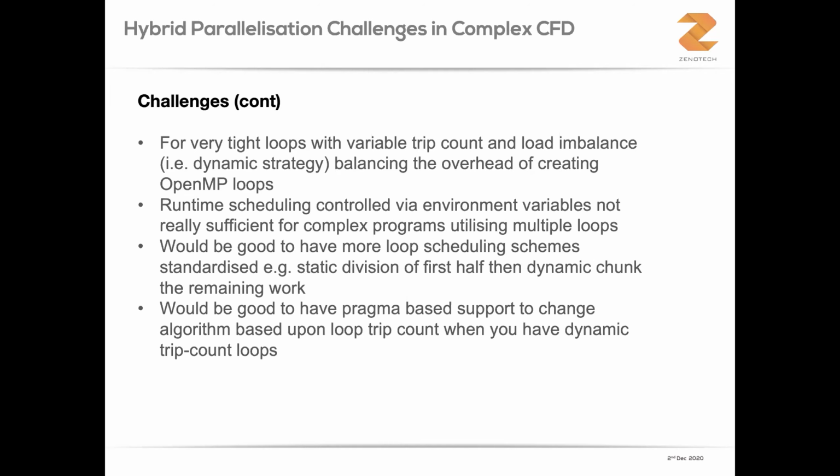I suppose it's in a similar way to what we tend to use on CUDA, where we're using runtime introspection to look at what the kernel's doing. We know what the sizes of the loops are going to be, and then make a decision at runtime. So maybe the ability to do that, to deal with those kinds of complexities. Obviously OpenMP has an API to do that, but whether you can express that using the pragmas would be of interest.